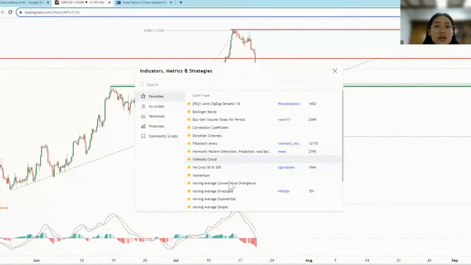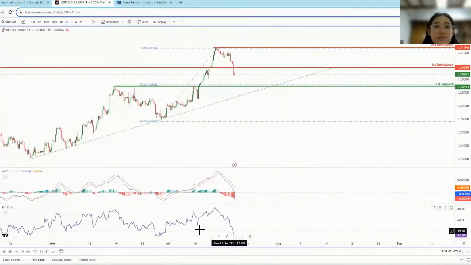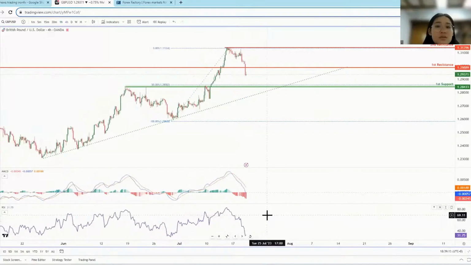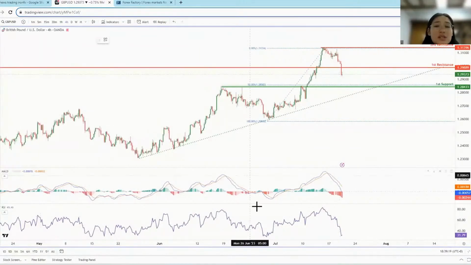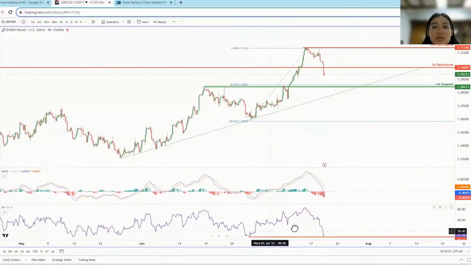I'll take a look at another indicator. Okay, RSI is giving us a signal. Here is the level.